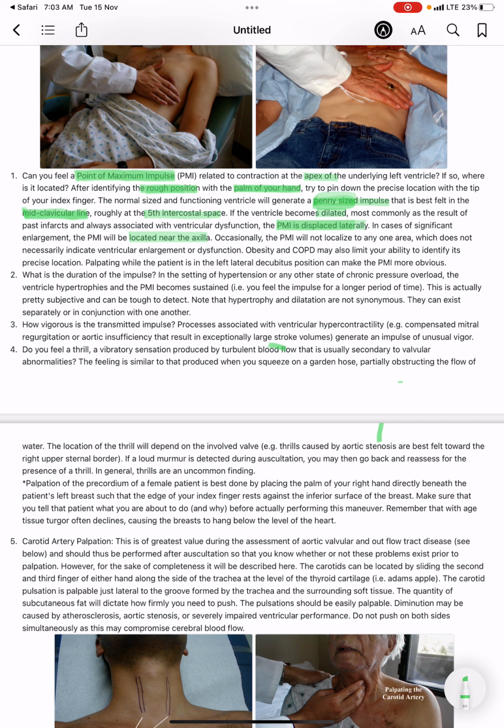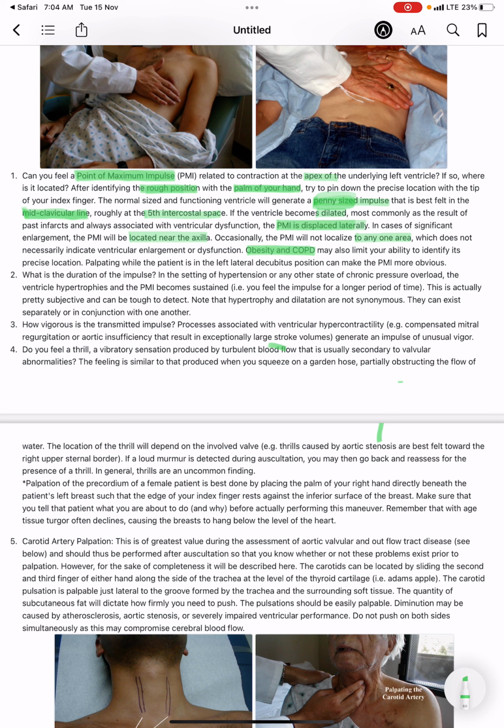Occasionally, the point of maximum impulse will not localize to any one area, which does not necessarily indicate ventricular enlargement or dysfunction. Obesity and COPD may also limit your ability to identify its precise location.